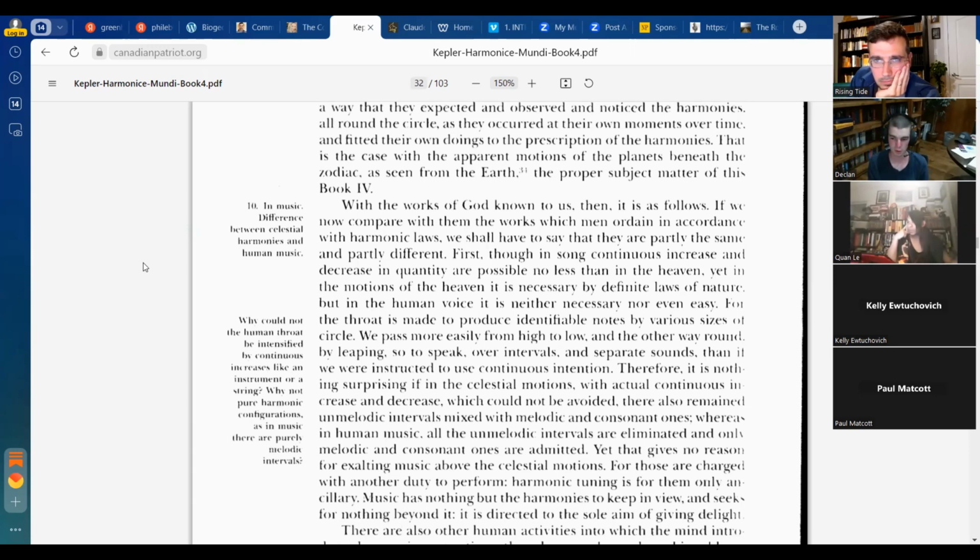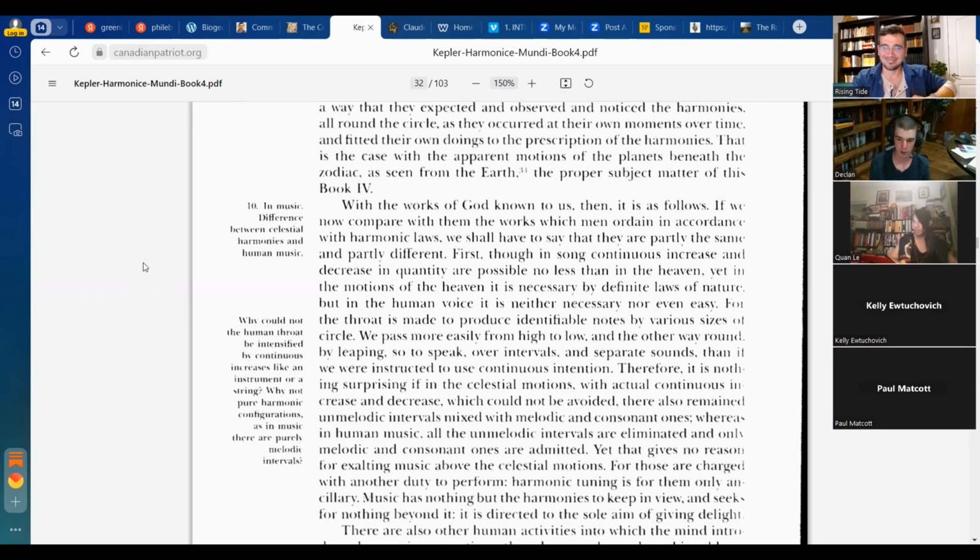First, though in song continuous increase and decrease in quantity are possible no less than in the heaven, yet in the motions of the heaven it is necessary by definite law of nature. But to the human voice it is neither necessary nor even easy.